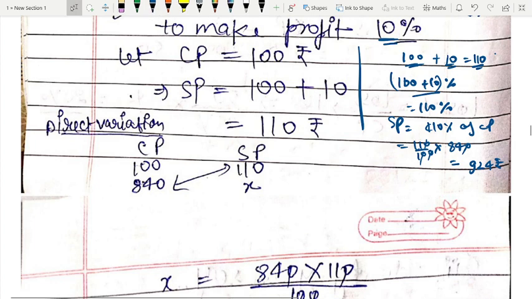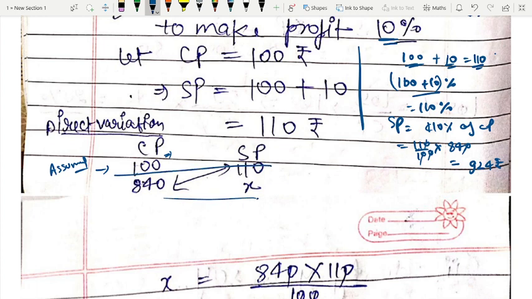So on the left side we write cost price and on the right side selling price. See, there are two things, cost price and selling price. Cost price is given two times: one row is assumed, and the other row is original. So we need to find the original selling price.